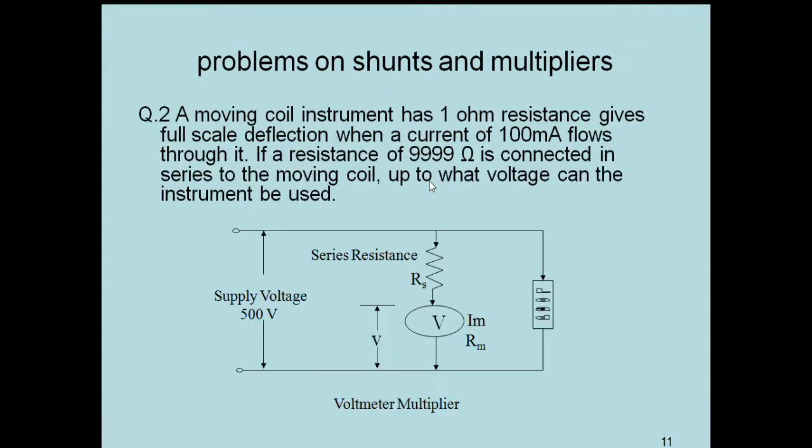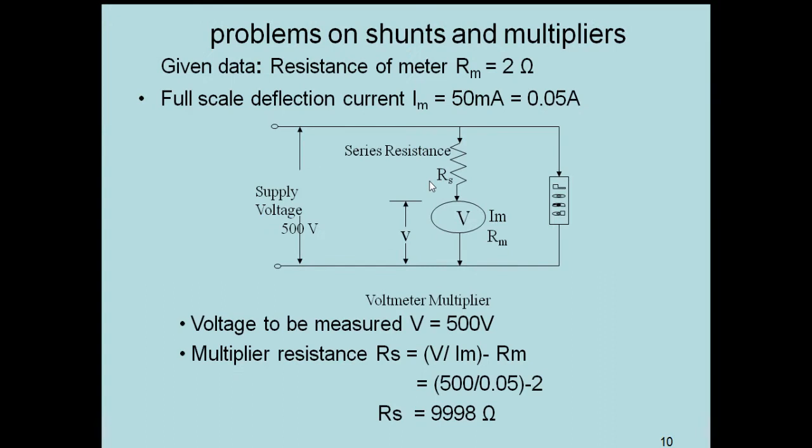9998 ohms. Like this we need to solve problems, or we can solve Rs as Rm into (m minus 1), where m is equal to capital V by small v, and Rm is equal to 2 ohms.